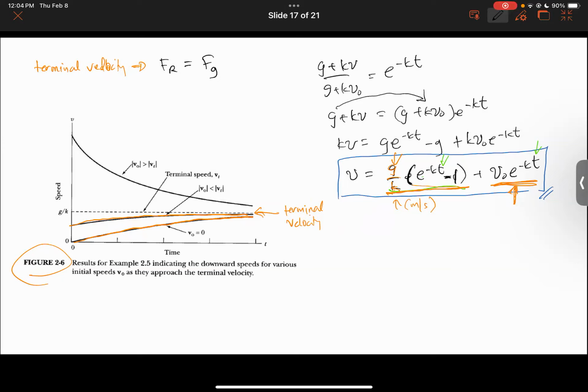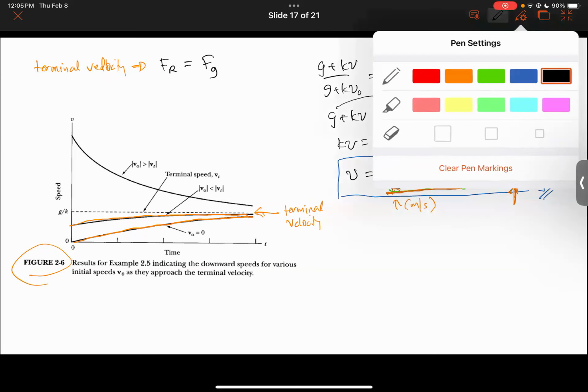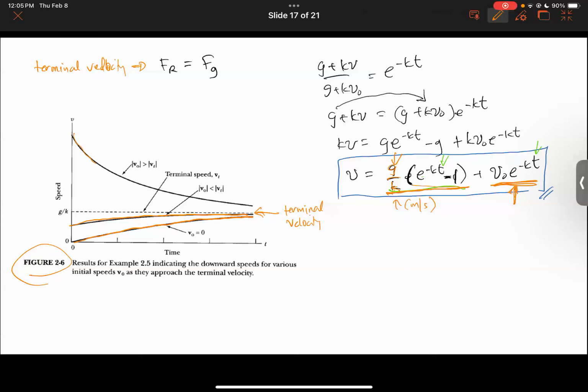Moving forward, if V naught is actually greater than the terminal speed, ito naman yung makukuha nating graph para sa isang projectile. Okay. Any questions so far?